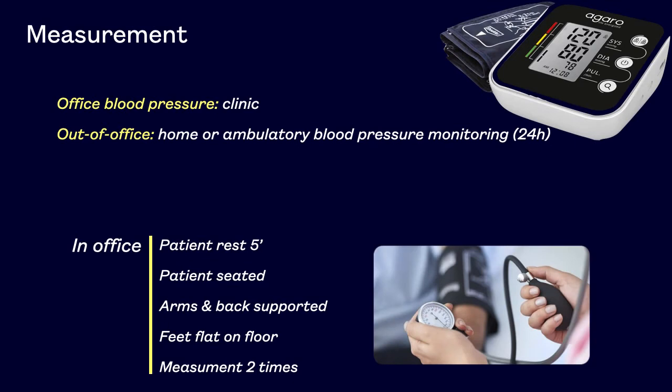Now, there are two main types of blood pressure measurements: office blood pressure, which is taken in a clinic, and out-of-office blood pressure. The out-of-office blood pressure can be either home blood pressure, which is taken by the patient at home, or ambulatory blood pressure monitoring, which involves 24-hour monitoring of the blood pressure to see if that pressure falls at night compared to during the day.